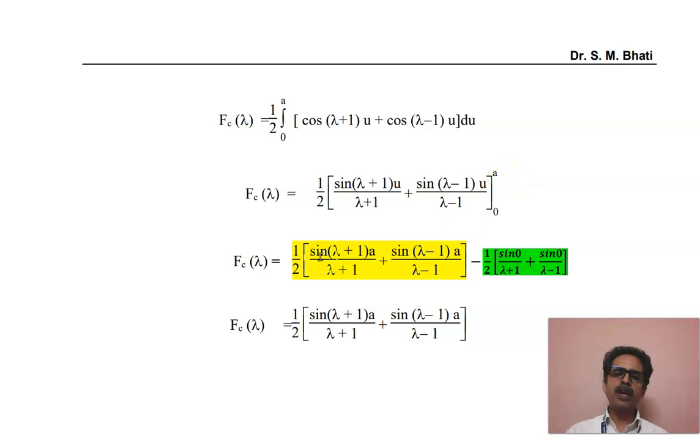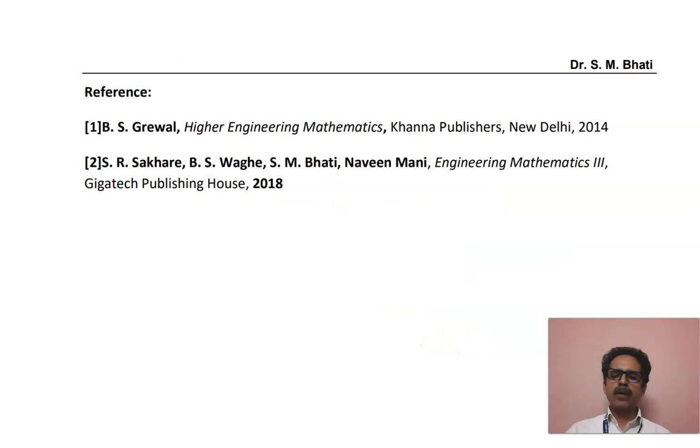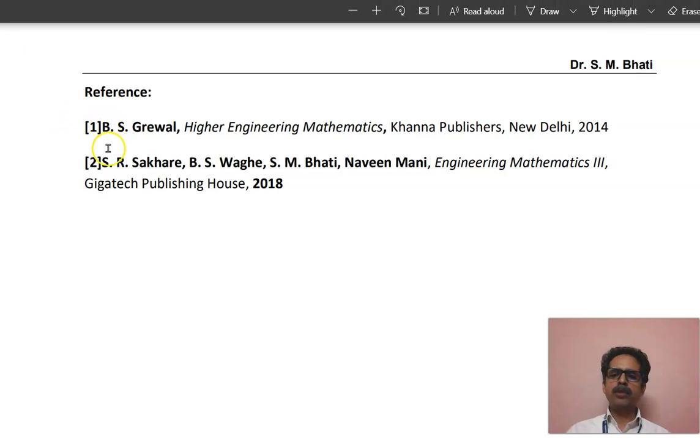When you put u is a, you can get this yellow part, then minus sign. When we put u is 0, you can get this green part, and you know sine 0 is 0, so the last two terms become 0, and in this way we can get the Fourier cosine transform of the given function. For making this video, we have used these two references.